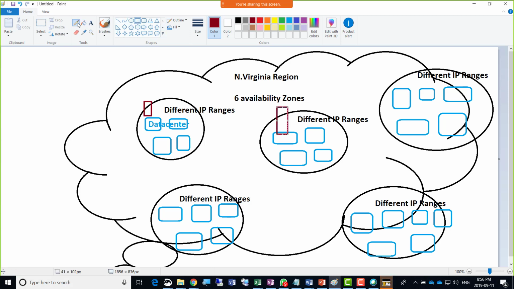If you have an outage of this availability zone, a smaller isolated physical area, you will have its copy of the virtual machine here, right? If the company has uploaded 10 terabytes of data here, you will have an exact copy in another availability zone. And suppose you don't want to pay for having a copy of a virtual machine across availability zones, you can have it within one data center machine.